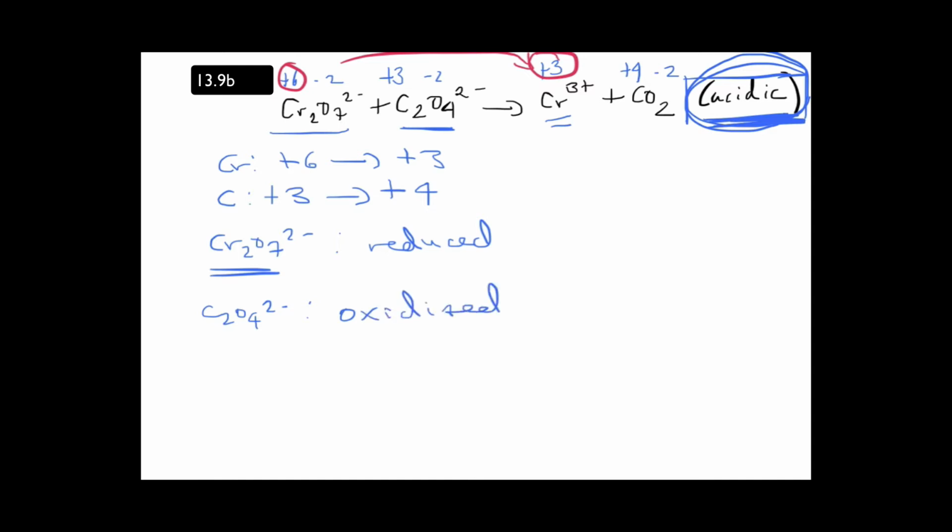Now I know it's confusing, but we would also say that this is the oxidizing agent because it allows for something else to be oxidized, and whatever is oxidized is the reducing agent because it enables something else to be reduced. So you have to get that terminology down. I know it's kind of confusing, but it is what it is.